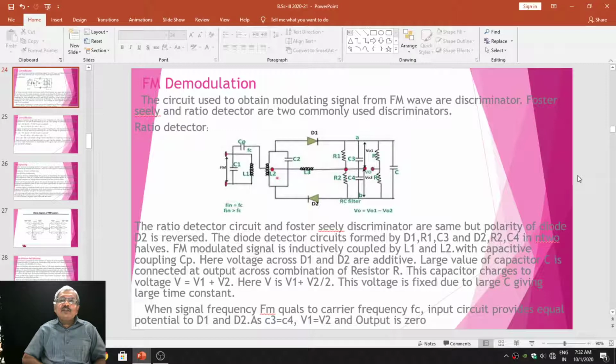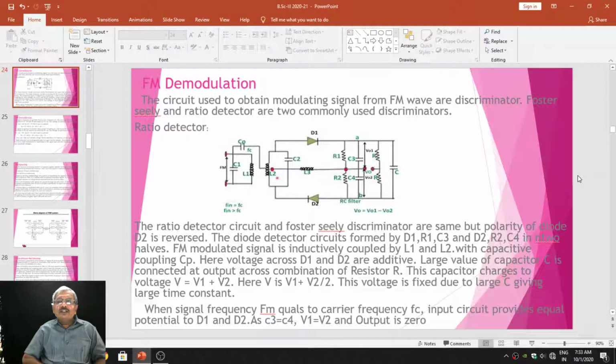Different types of discriminator circuitries are used in practice. Foster-Seeley discriminator, ratio detector, and single slope method are the different approaches which are used to recover the original information from the FM modulated wave.